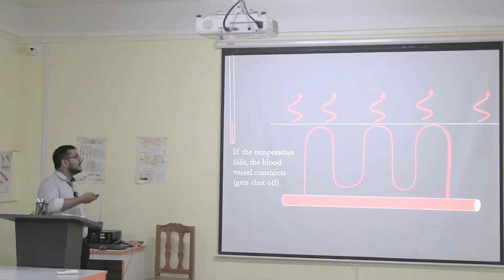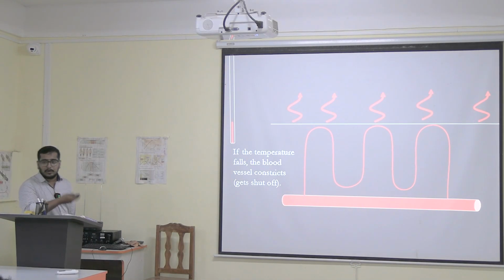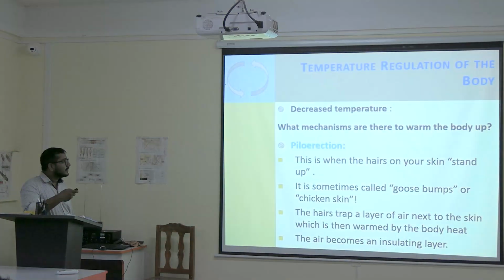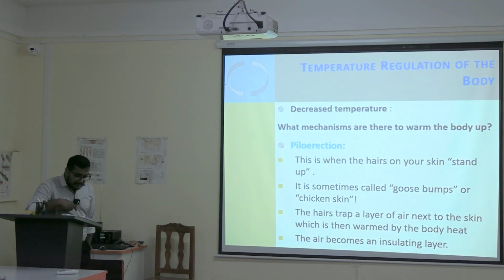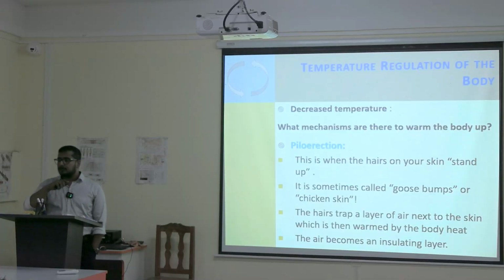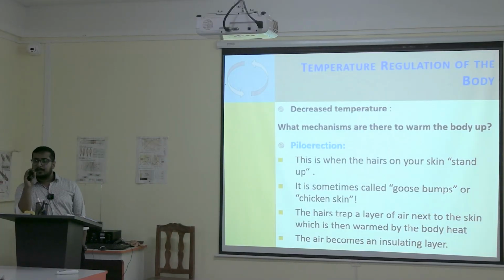So this is the same mechanism. As the body temperature falls, there is vasoconstriction and less heat is dissipated into the environment. Now this is an interesting fact. We all know that in a cold environment we have piloerection. We call it goosebumps.